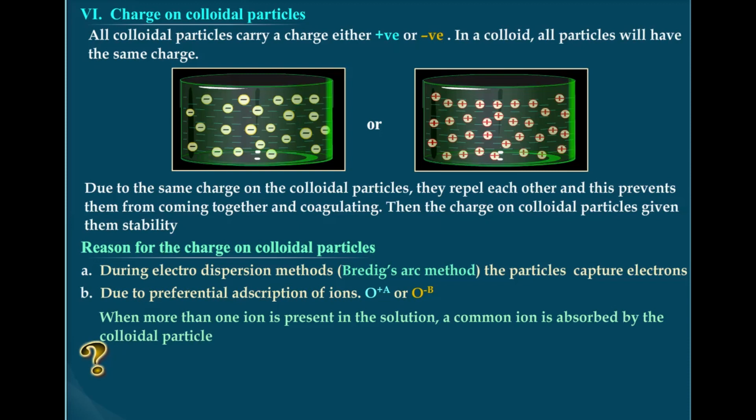Having acquired a positive or a negative charge by selective adsorption on the surface of colloidal particles, as said above, this layer can attract the counter ions from the medium, forming a second layer. So in the first example, when silver nitrate solution is added to potassium iodide, silver iodide is formed, which adsorbs I minus from potassium iodide.